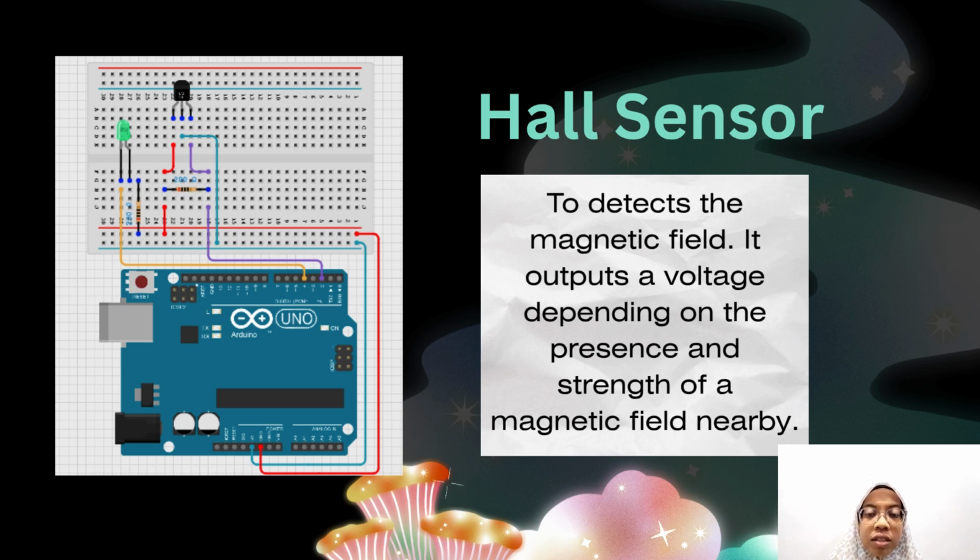The function of the Hall sensor in the circuit is to detect the magnetic field. So the output voltage depends on the presence and strength of a magnetic field nearby. When we put the magnet near the Hall sensor, it can detect the magnetic field.